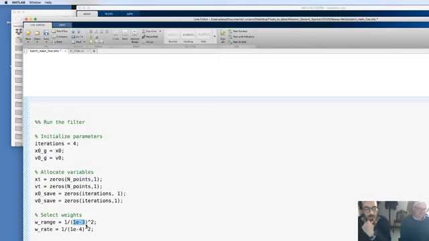Remember that the variance is the square of the standard deviation. In general, we talk about standard deviations because in Gaussian distributions they have a simple meaning. Here the standard deviation of the range is 1 millimeter, while the standard deviation of the range rate is 0.1 millimeters per second.